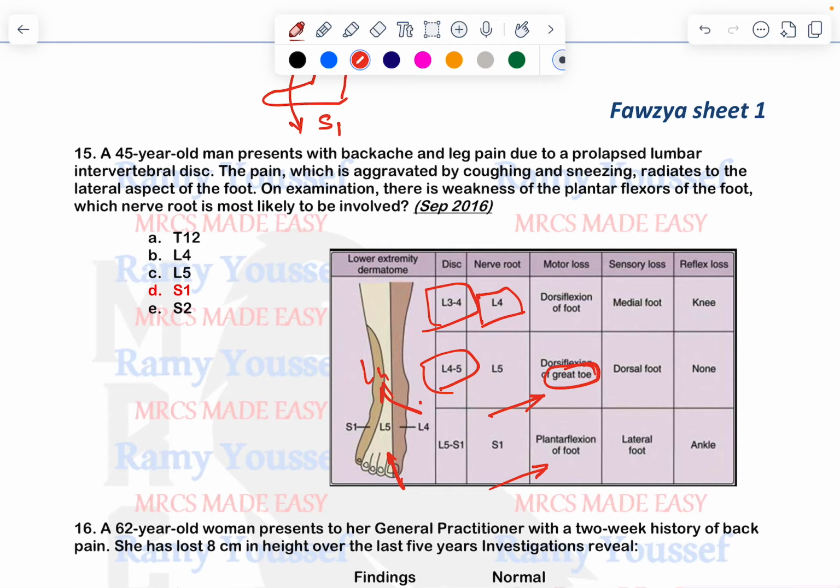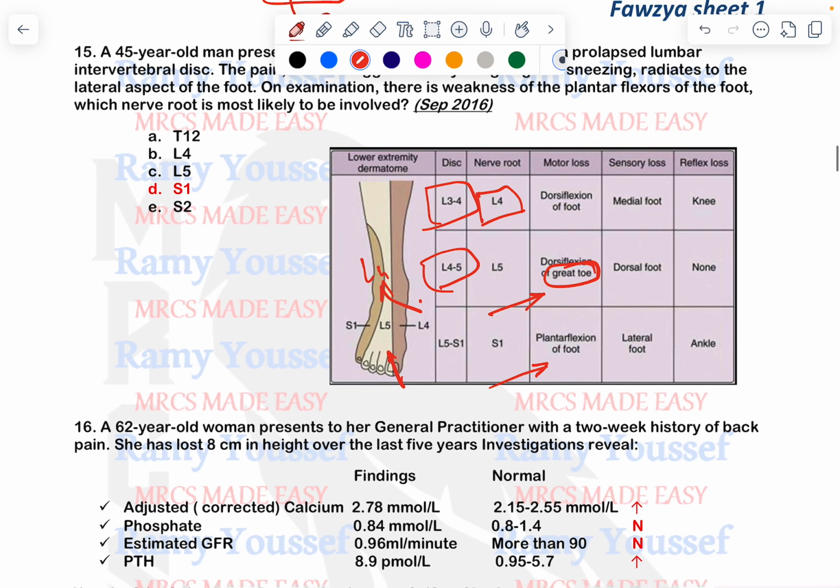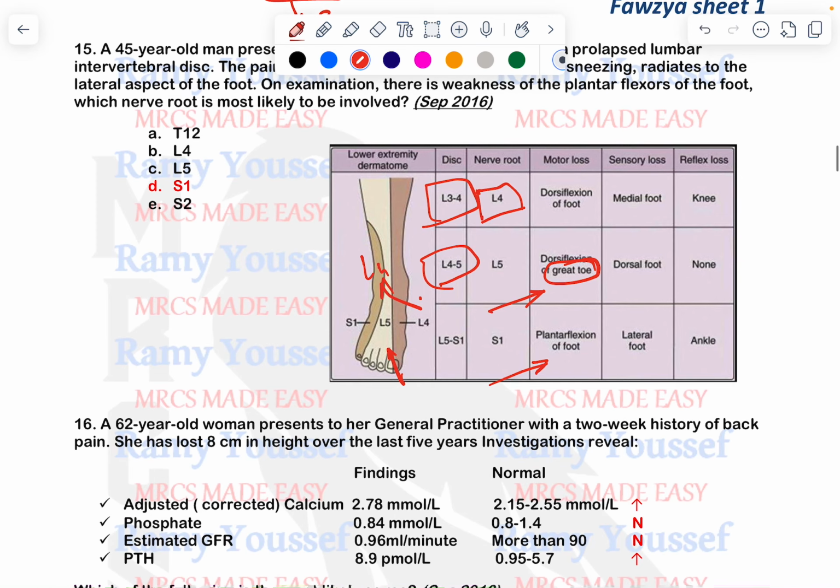A 62-year-old woman presents to the general practitioner with a 2-week history of back pain. She has lost 8 centimeters of height. What investigations reveal? Phosphate is normal, calcium is increased, GFR is normal, parathormone is increased. So both calcium and parathormone are high.